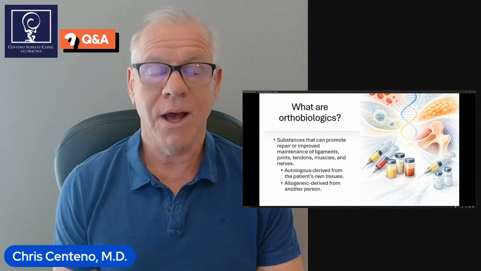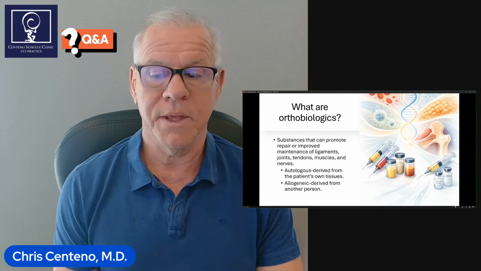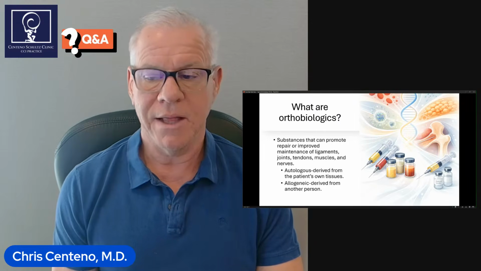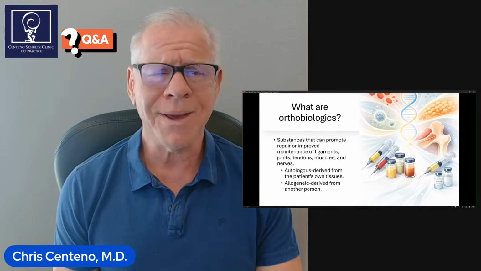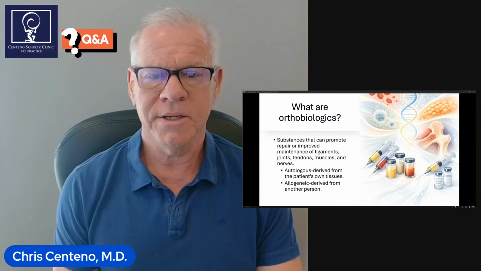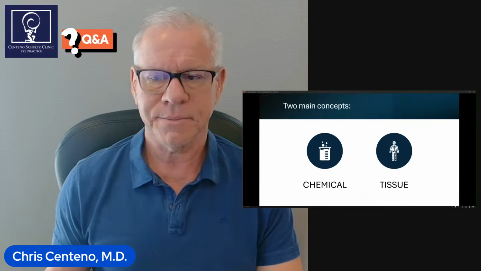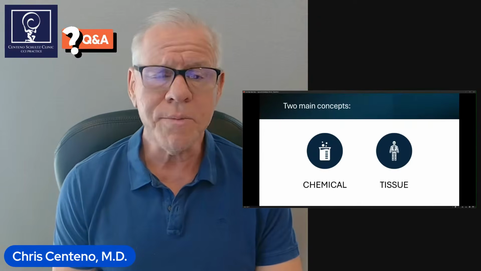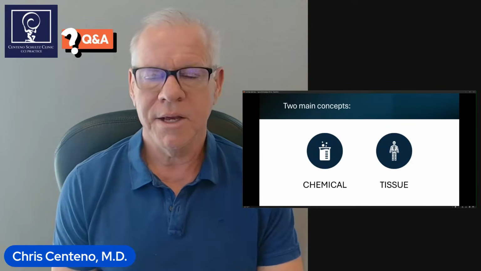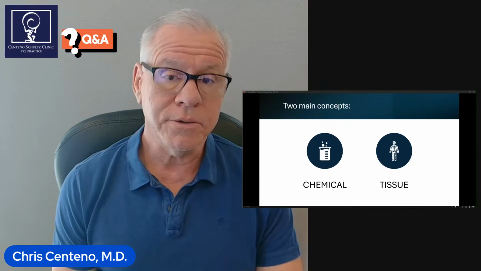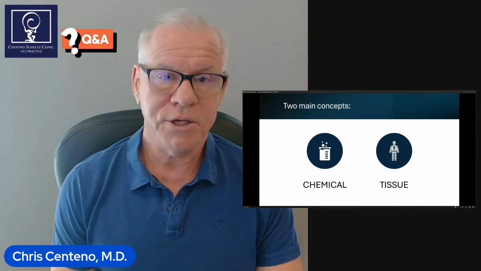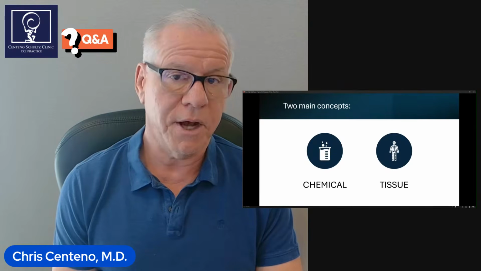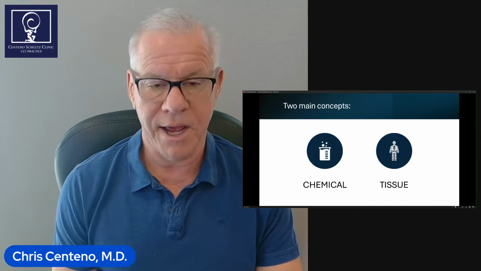We've got autologous, which is from that person, and allogeneic, which is from another person. Now, there are also chemical types as well, so we'll get into that a little bit. So the two main concepts are chemicals that are used to promote repair, and tissue. And that's going to be what we just talked about, autologous and allogeneic.